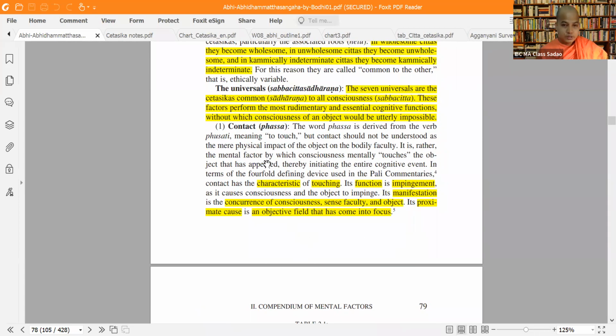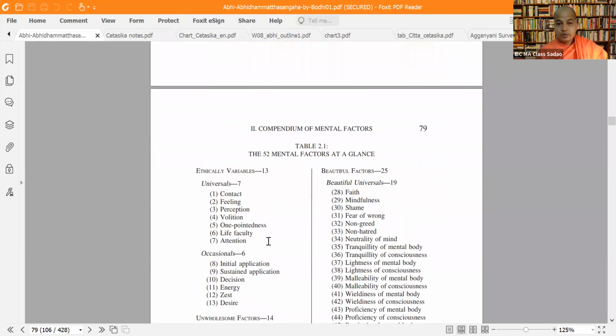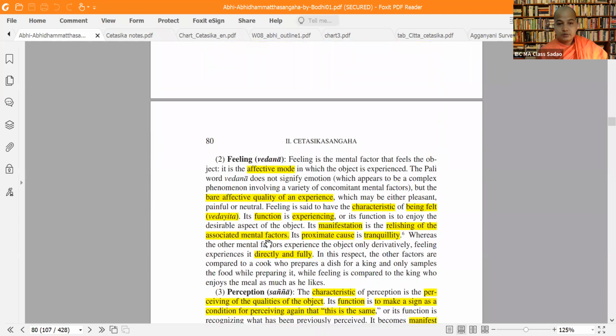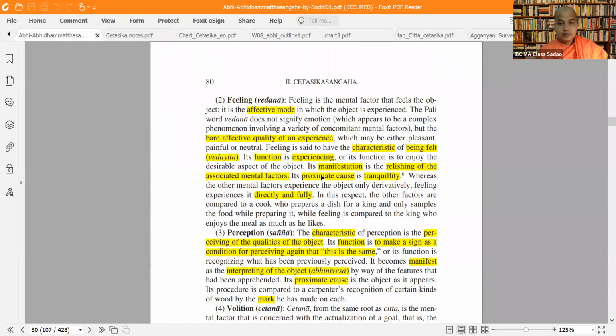See, you'll see that most of these mental factors are described in terms of this fourfold defining device: characteristic, function, manifestation, and proximate cause. Okay, so you can look at these descriptions, if you are really interested.